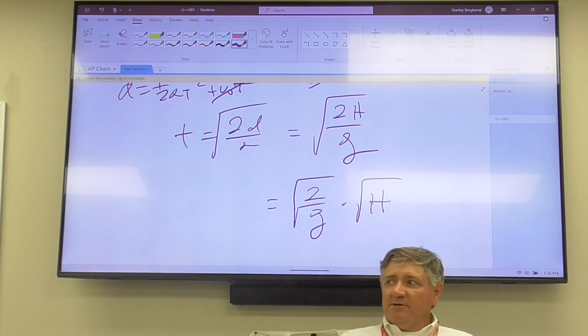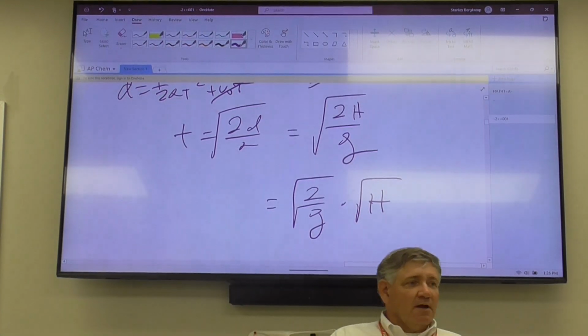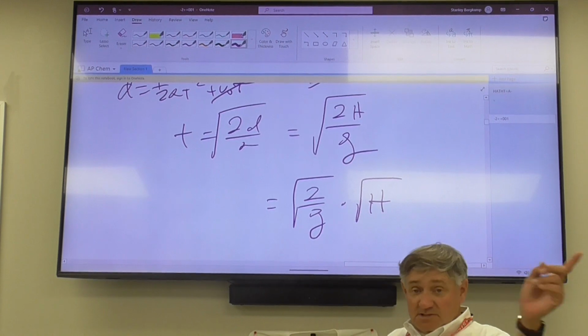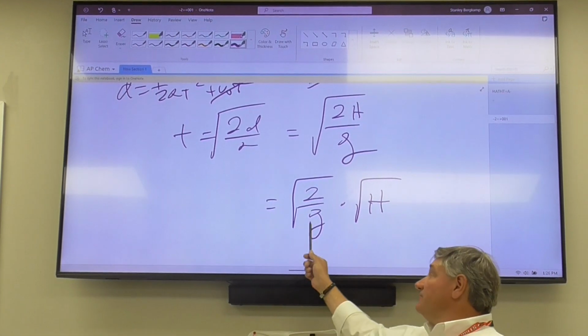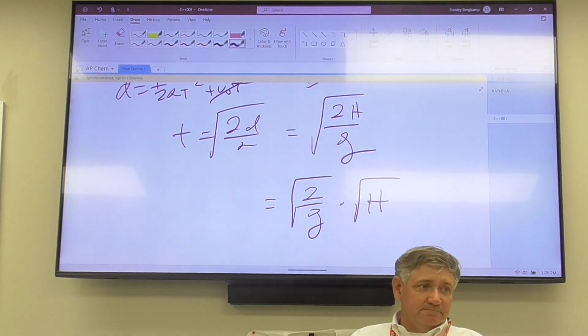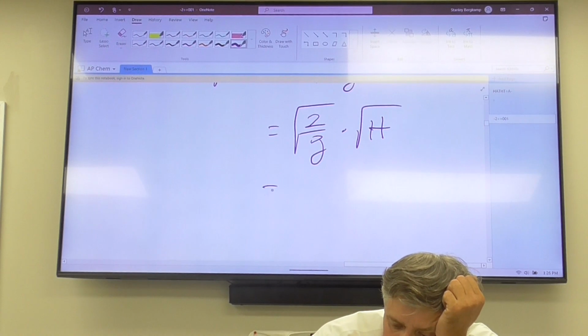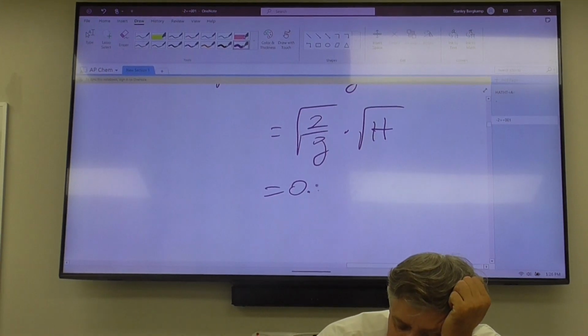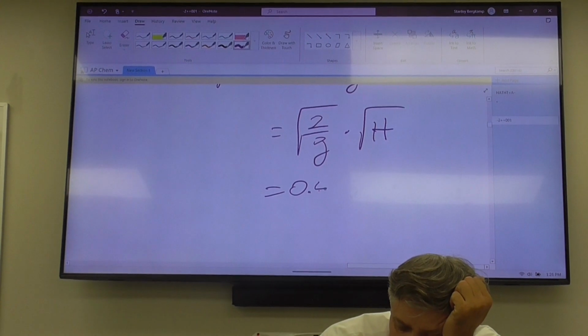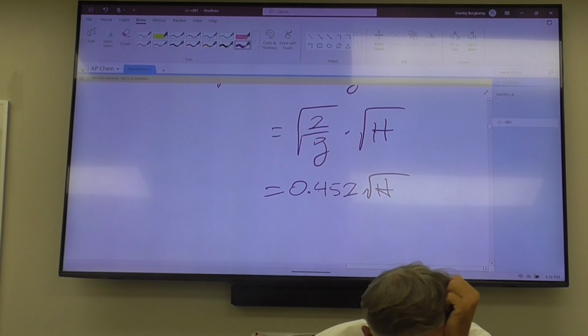Yeah, 9.8 meters per second squared. You know what 2 is, hopefully. So somebody get this number: take 2, divide it by g, and take the square root of that. This is going to be 0 point something. 0.45, three significant digits, 0.452, times the square root of h.